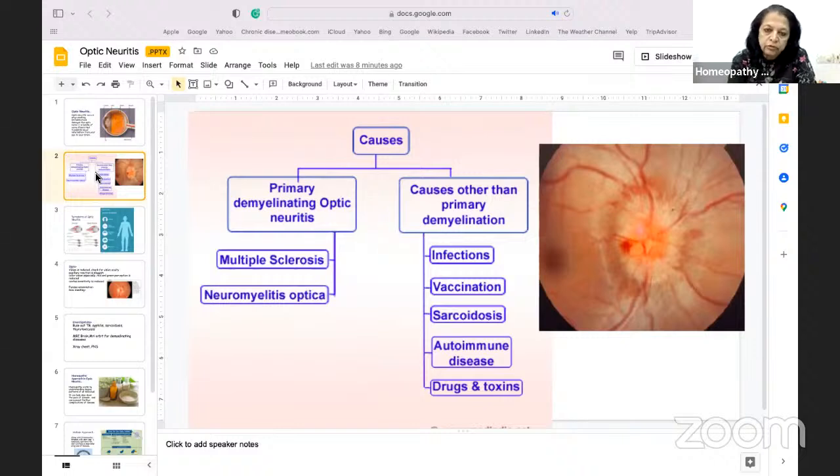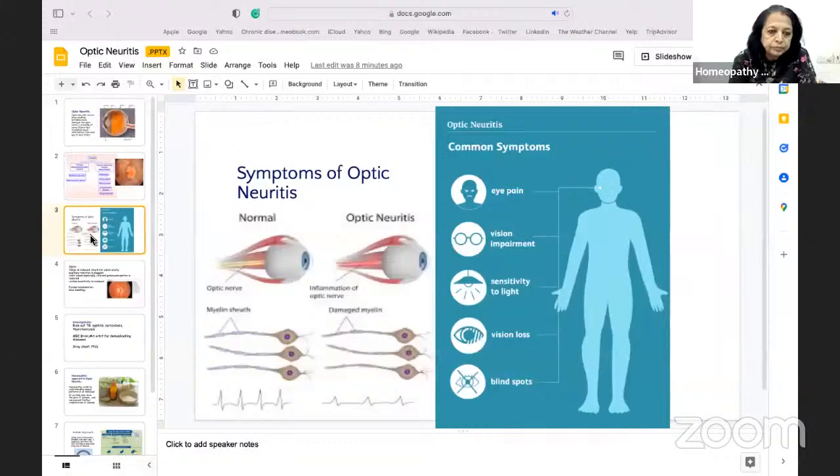And we have to ask about history of vaccination or any other viral infection. And very important, especially in retrobulbar neuritis, you have to ask history of any drugs taken, especially antituberculous drugs like ethambutol, which can lead to optic neuritis. And other causes are demyelinating diseases like multiple sclerosis or neuromyelitis optica. So these are the causes of optic neuritis.